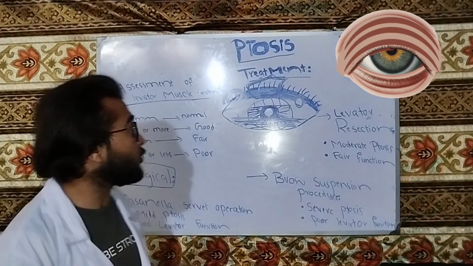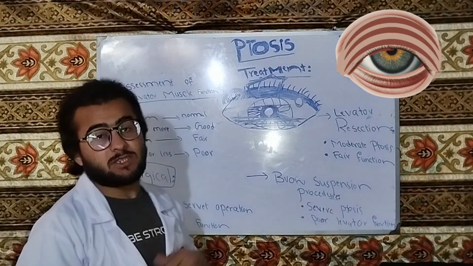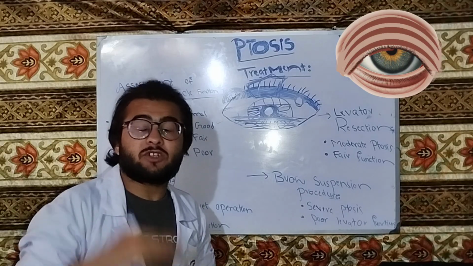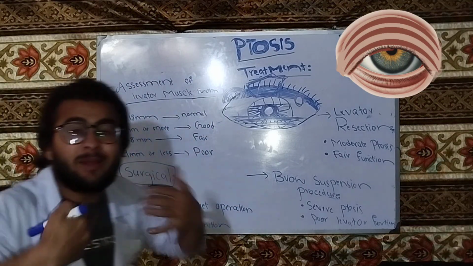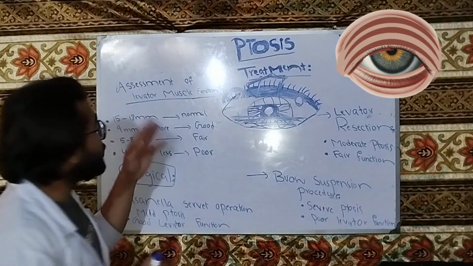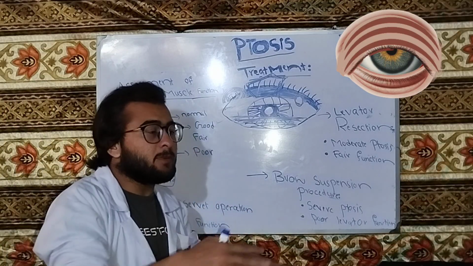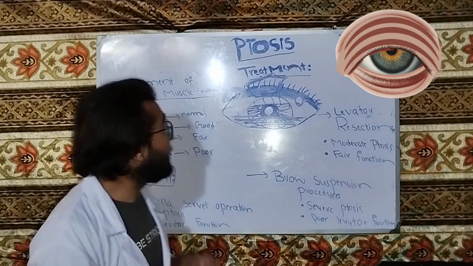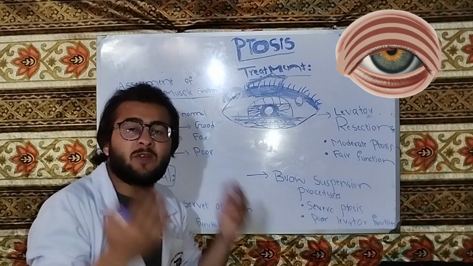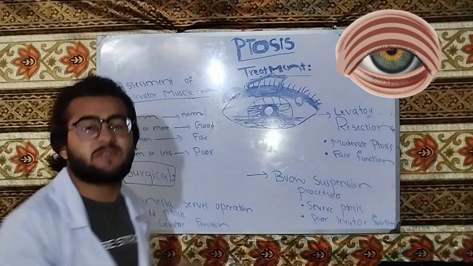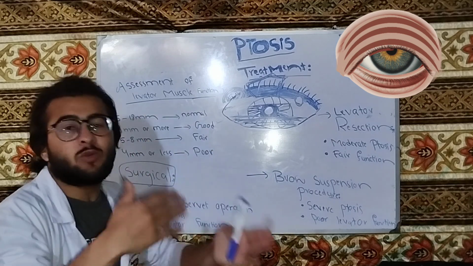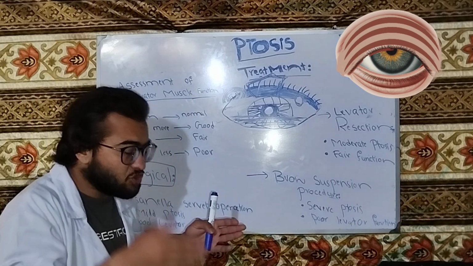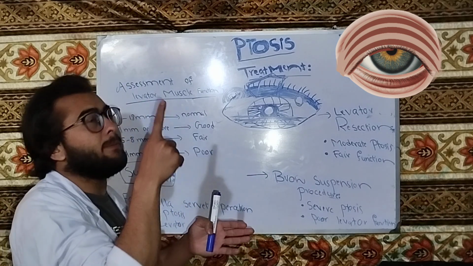Now treatment of ptosis. How can we treat the ptosis? Before discussing the treatment, we should understand the levator muscle function. So how can we measure the function of the levator muscle? We will advise the patient to look from below to above.